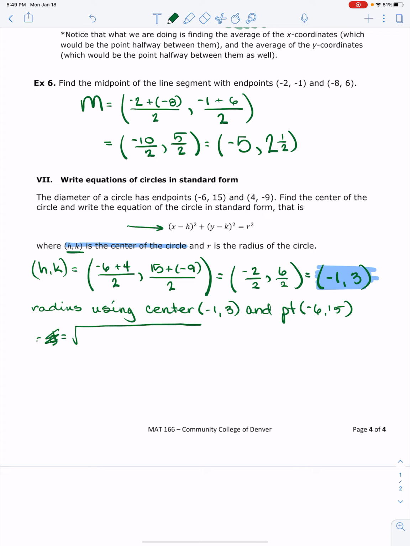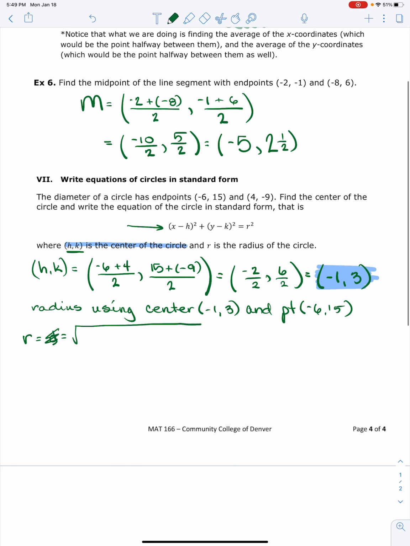You guys, we're really finding the radius, so I'm going to label it r. I could plug in the formula here. Research says that the more you can write down, the better off you're going to be. The more you can allow your eyes to visually process for you, the less work your brain has to do, less chance we're going to make a mistake.